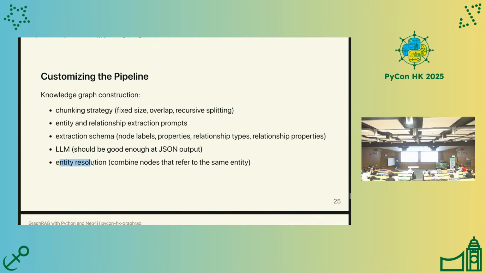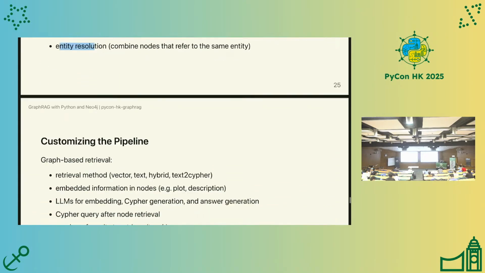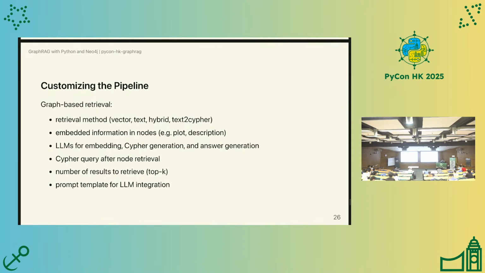And also the entity resolution step, which I've mentioned already. Now, in the retrieval step, you want to look at retrieval methods. I went through vector Cypher retrieval and text-to-Cypher retrieval. Neo4j also provides full text search, and it's also implemented in the Neo4j GraphRAG library, so you can use that. You have to be careful about embedded information in nodes, which I've mentioned already, about how it's missing information because you only encode the plot or the story.